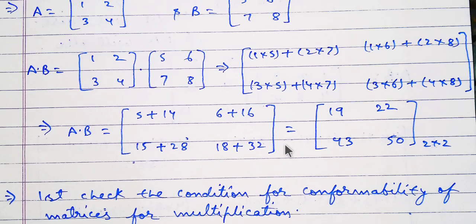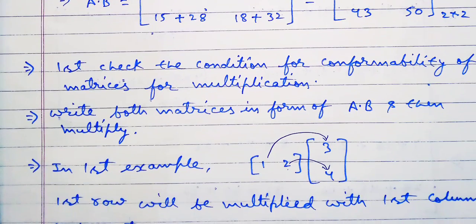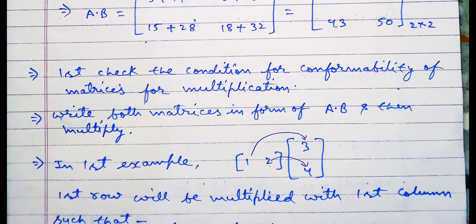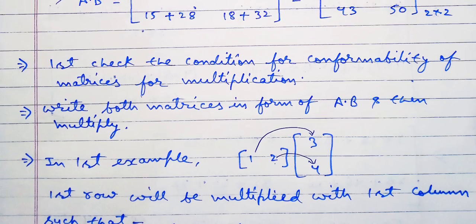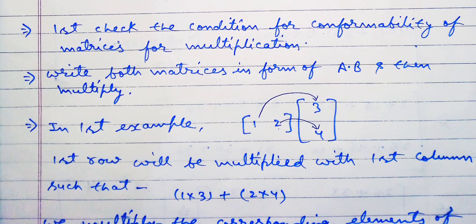So now let's have a look at these rules. These rules say how to proceed with this multiplication. The first point says that when we multiply two matrices, we first check the condition for conformability of the matrices for multiplication.